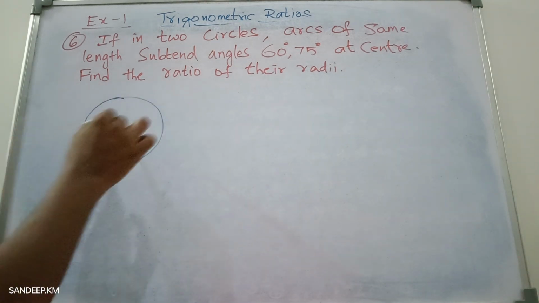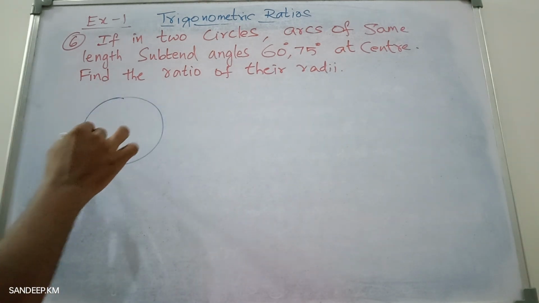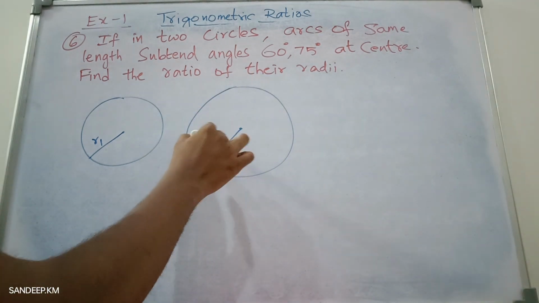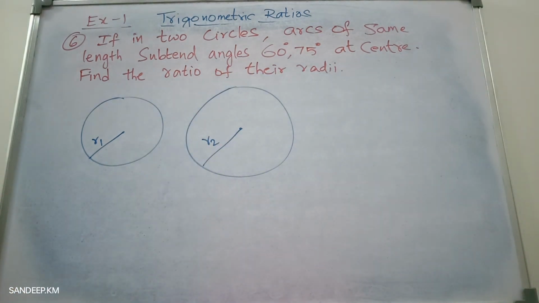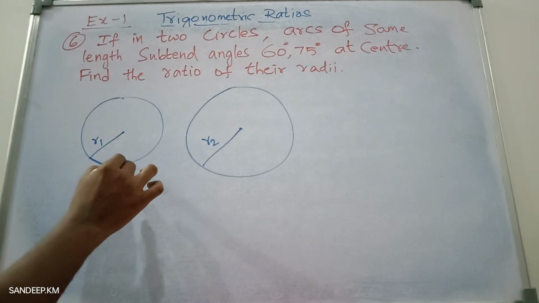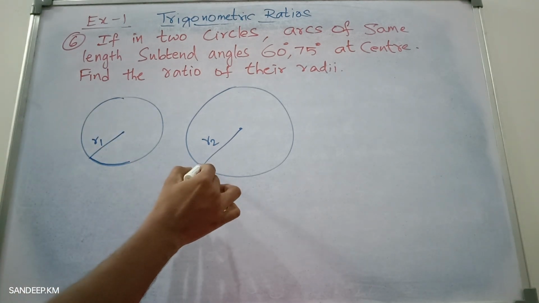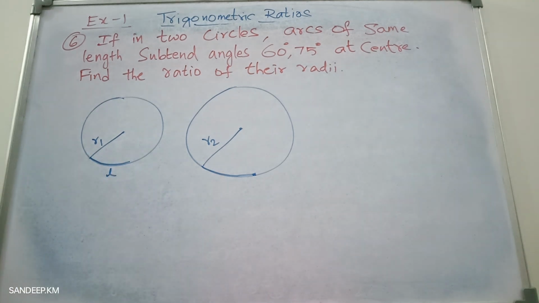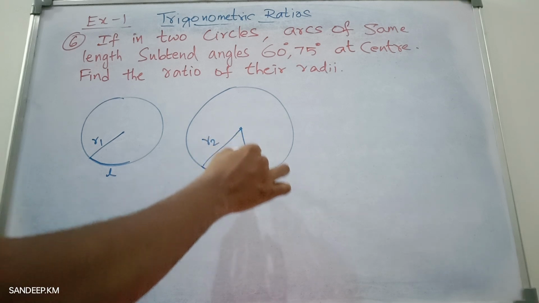Consider the first circle whose radius is r1 and the second circle whose radius is r2. But the arc that they have considered in both the circles has equal length. Please observe that. So if the length of the arc here is L, then here also the length of the arc will be L itself.